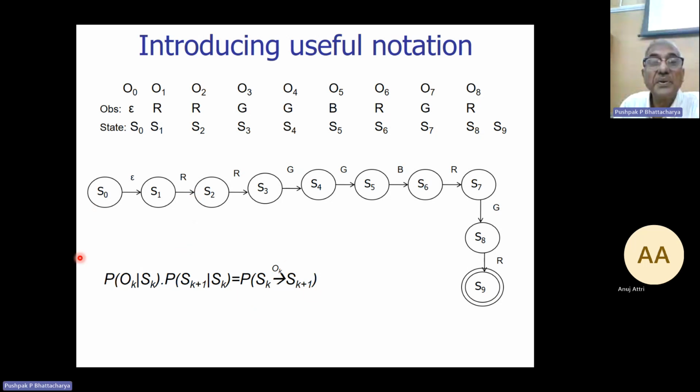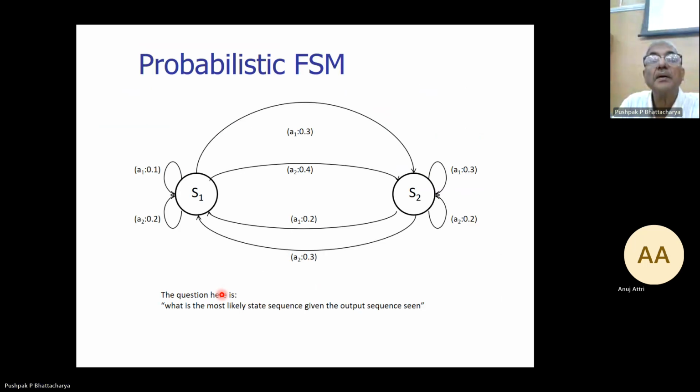And a very useful notation is probability of SK going to SK plus 1, observing or emitting OK, which is actually nothing but the product of two probabilities, probability of OK given SK and probability of SK plus 1 given SK. Okay, so this is where we have reached now.